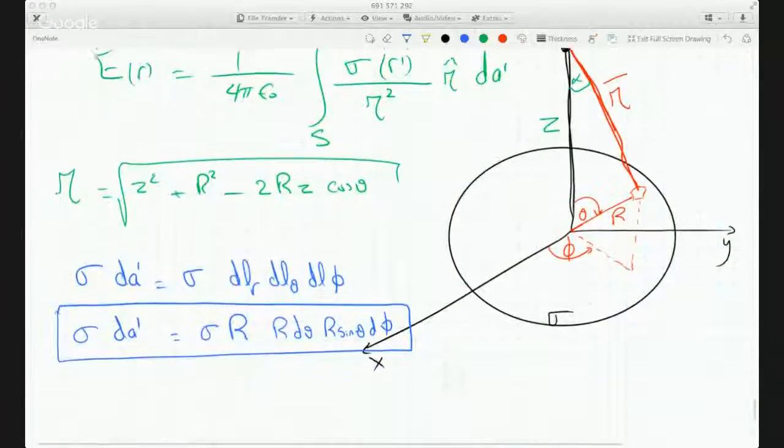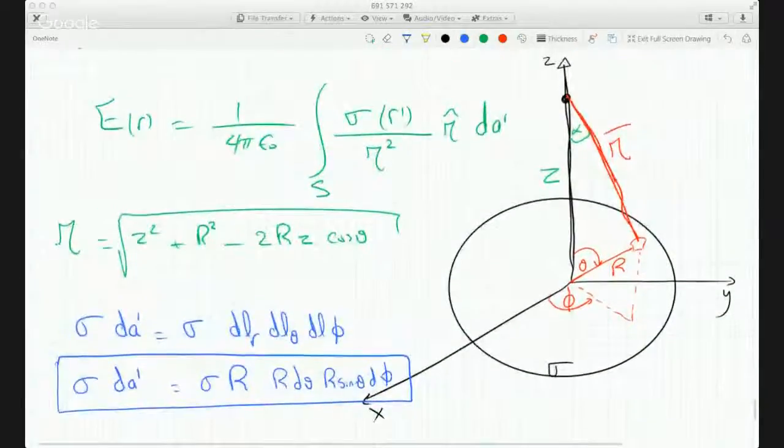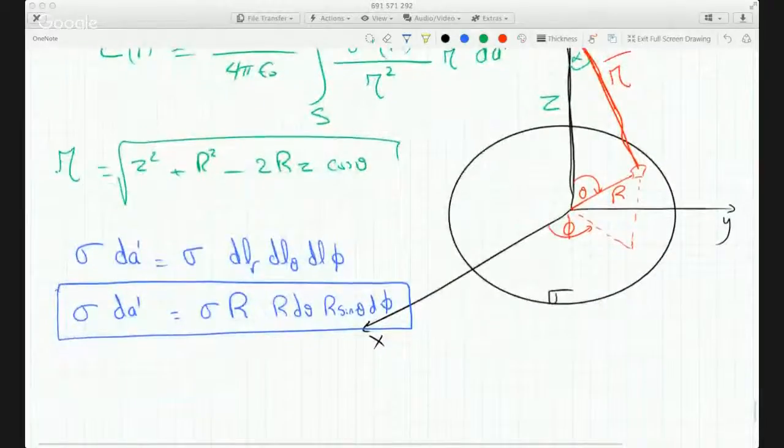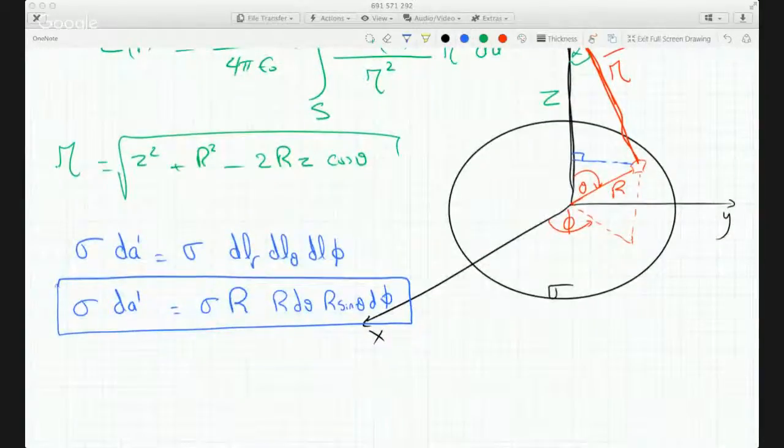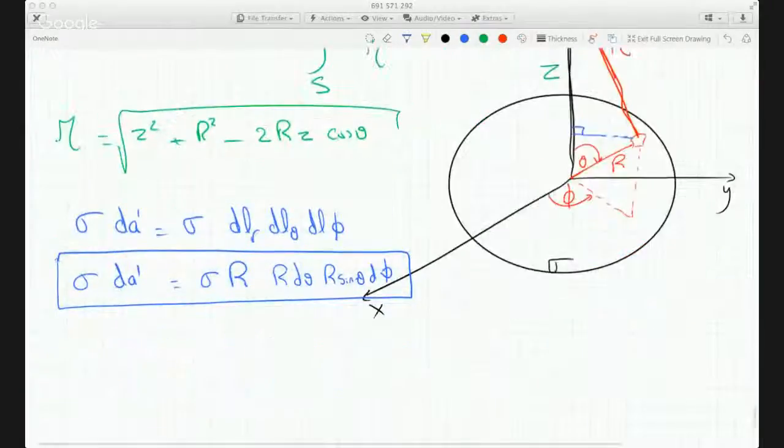Now, the electric field will have a z component, and the z component will be what? Notice, in order to make a right triangle here, I need to project this at 90 degrees. If I do that, then cosine alpha will pick up the z component of my electric field.